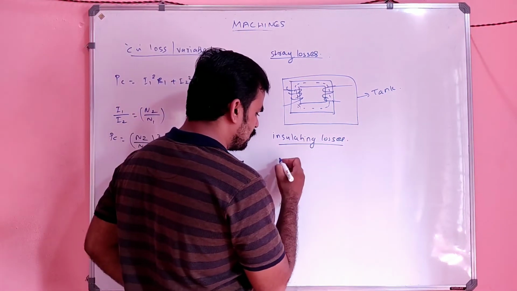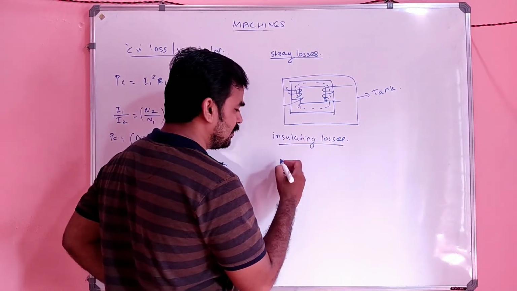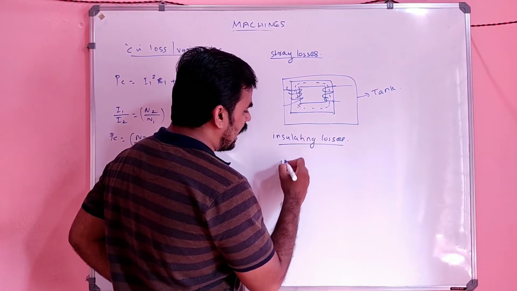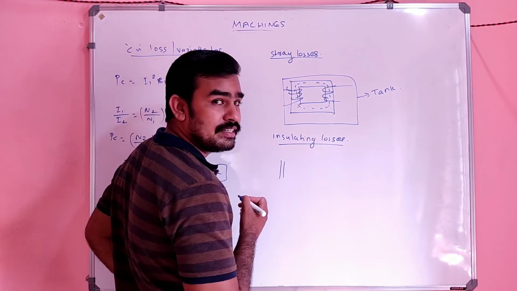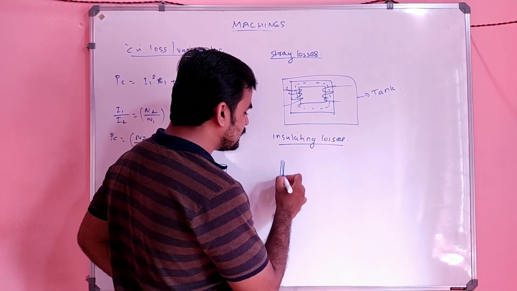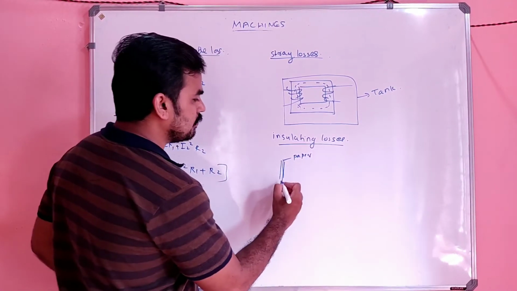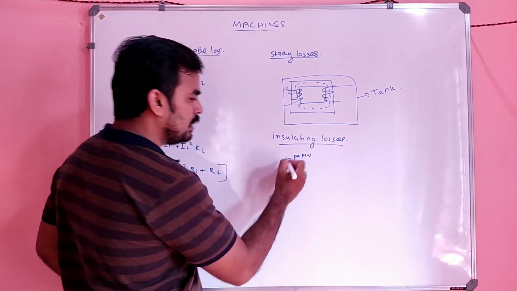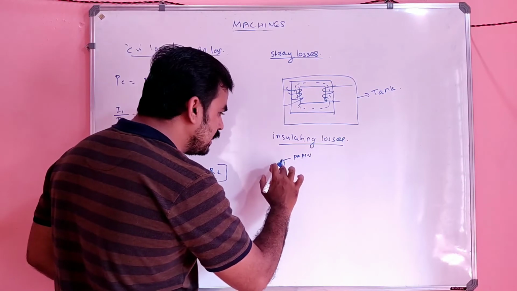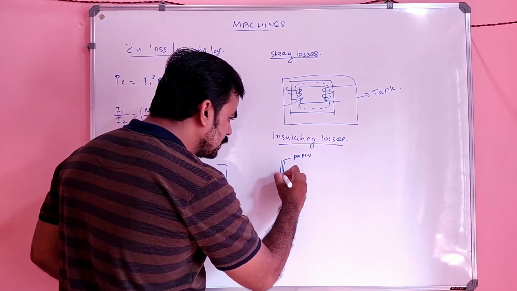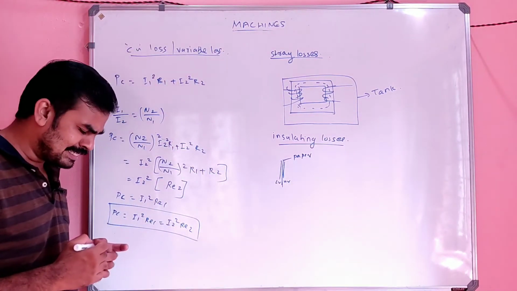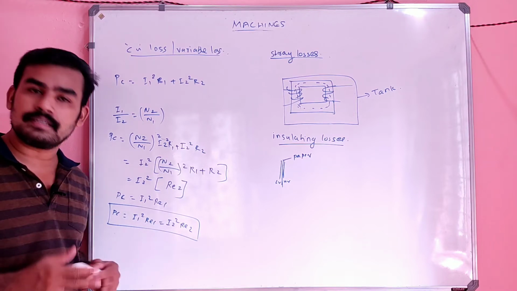Suppose you take the core type of transformer, there is a high voltage winding as well as a low voltage winding, right? In between these, this is LV and this is HV, there is paper insulation. That's an insulator, right?